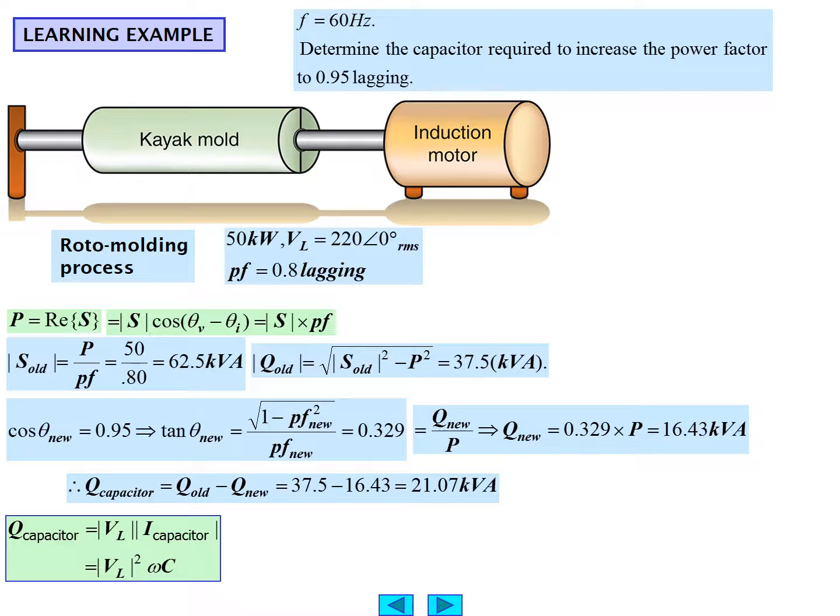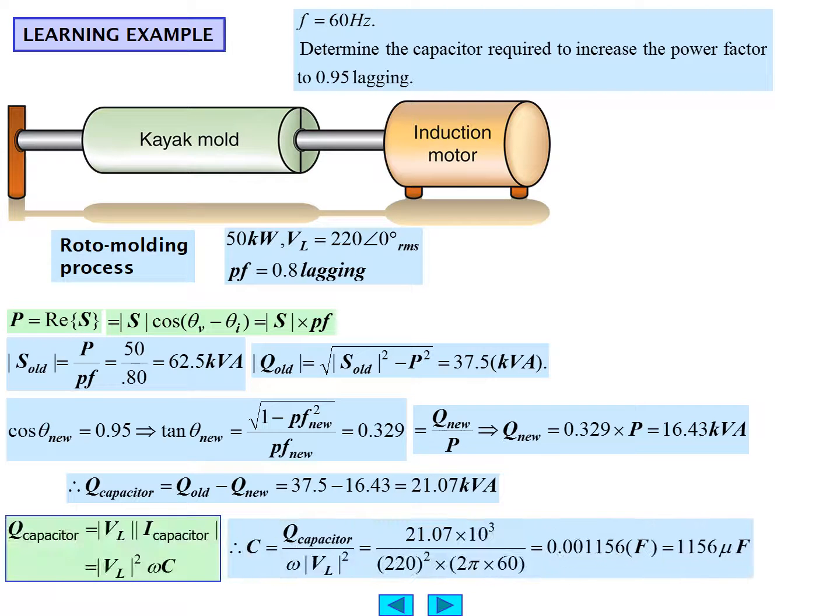Q capacitor is the magnitude of V sub L times the magnitude of the current flowing in the capacitor, I capacitor, but that's also equal to the magnitude of V L squared times omega C, as we've seen. So solving for C, we know that omega is 2 pi f, 2 pi 60 in this case.